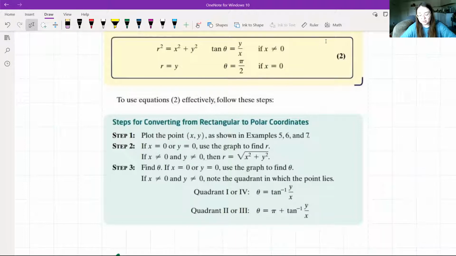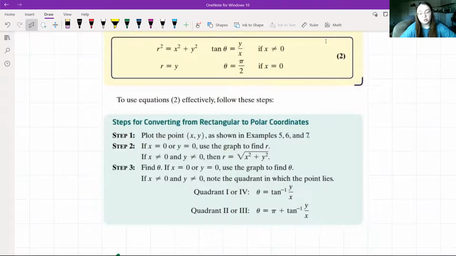Then if x is not equal to 0 and y is not equal to 0, note the quadrant in which the point lies. So we'll have to find where the point lies in our rectangular coordinate system, finding out which quadrant, 1 through 4, it lies in. According to which quadrant it lies in, if it's in quadrant 1 or 4, which is when x is always positive but y changes, we get that theta is equal to the tangent inverse of y over x.